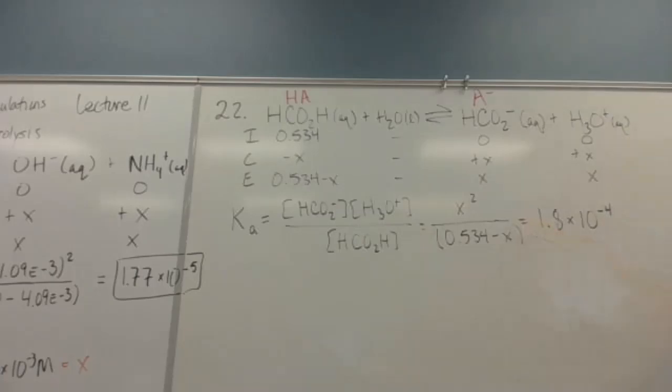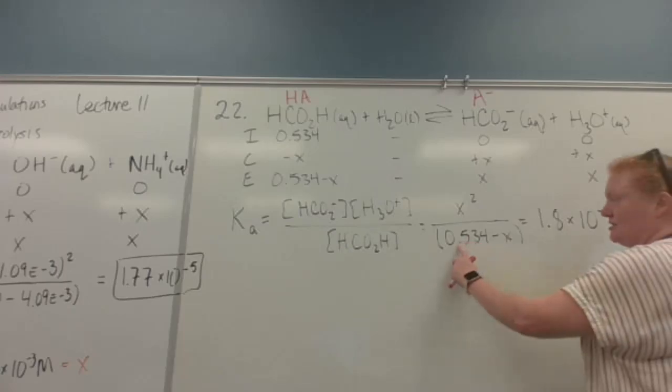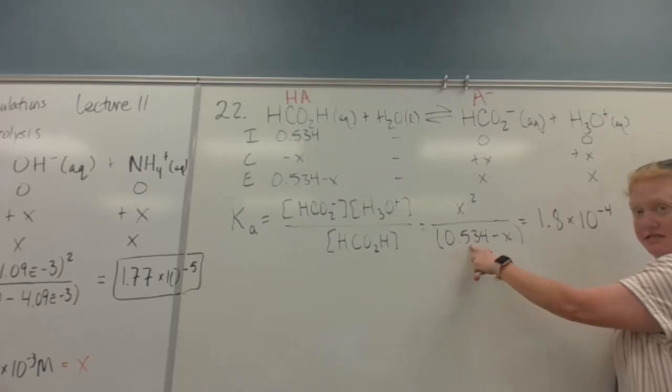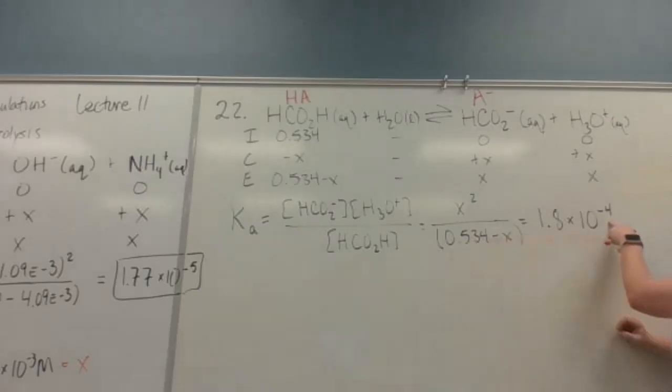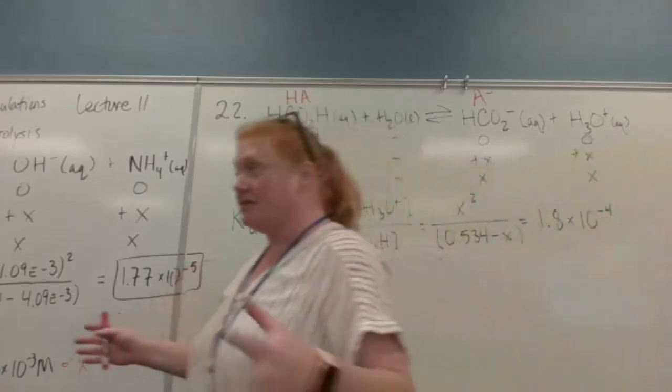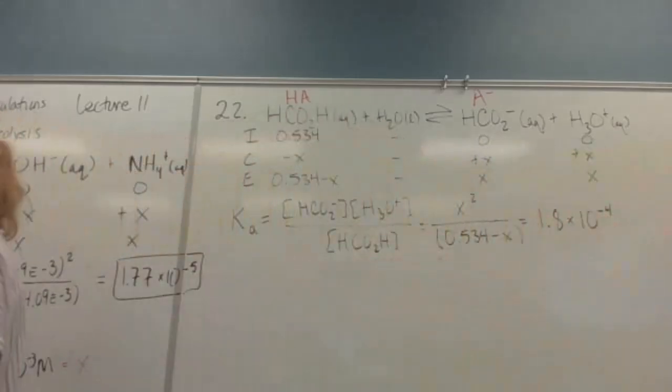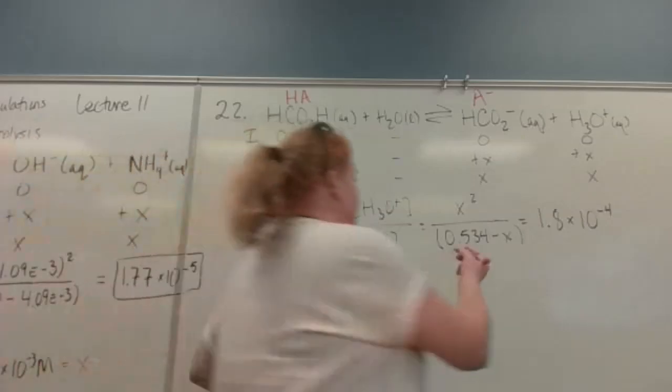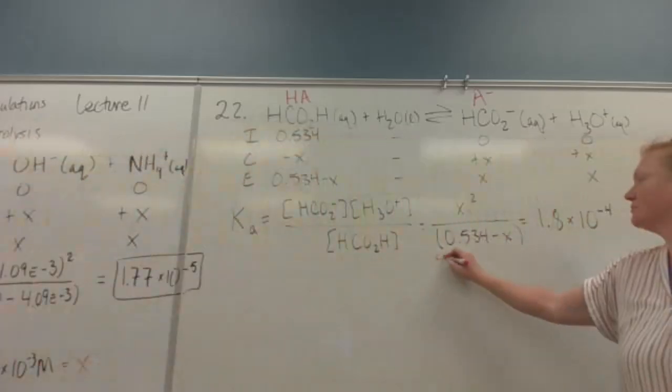Okay, so I'm going to say let's make the assumption. Why? This is on the order of 10 to the negative 1st. This is 10 to the negative 4th. I feel like that's a big enough difference between the sizes of these two numbers that I can safely assume X is small.